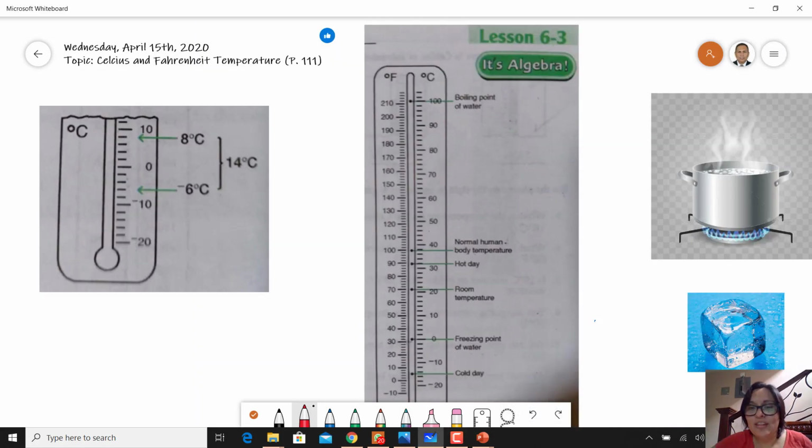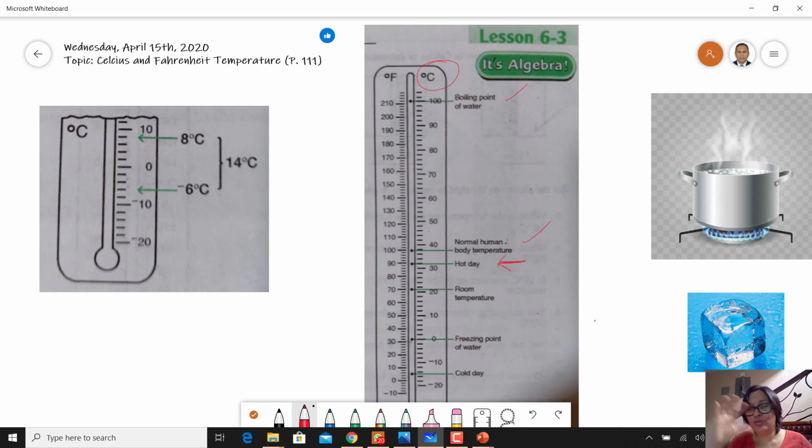Okay, let's continue with the other one. We already saw the boiling point of water. We already saw the human temperature. And we are going to see a hot day. Okay, a hot day. In Celsius degrees, what is the temperature that has to be in the environment for you to say that it's a very hot day?